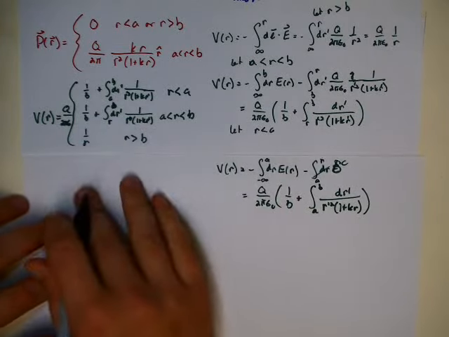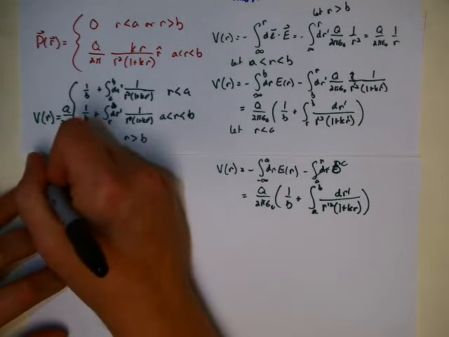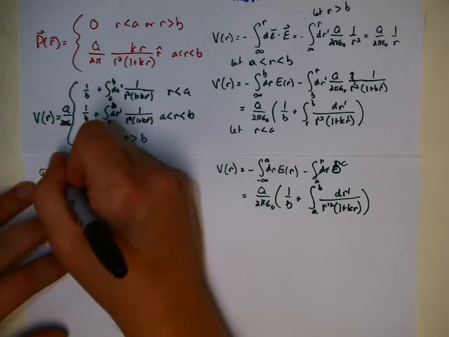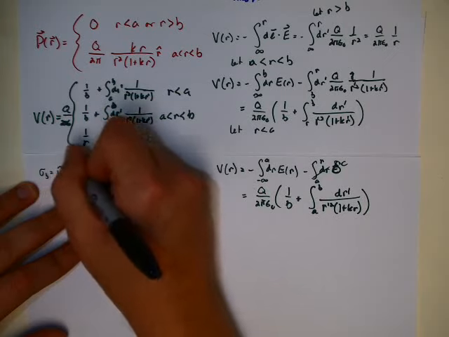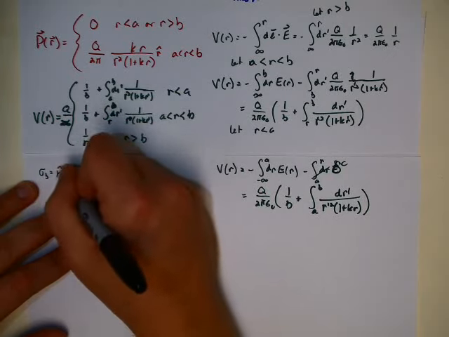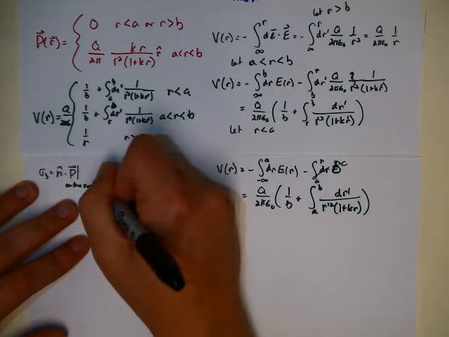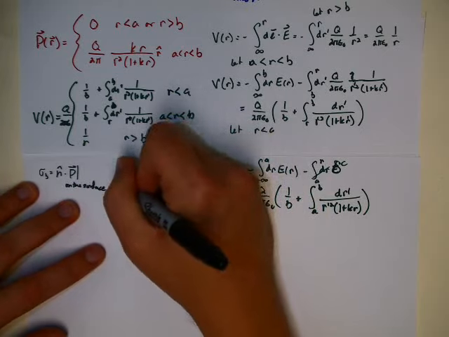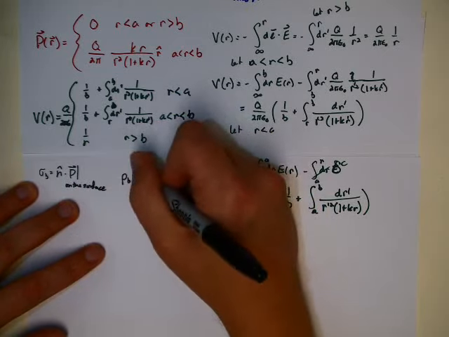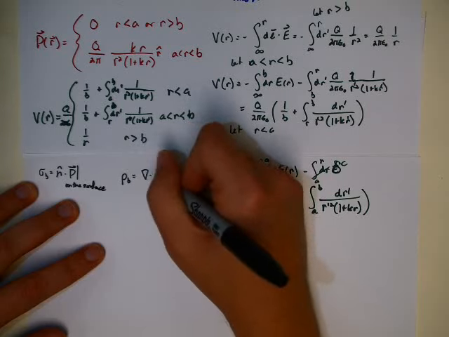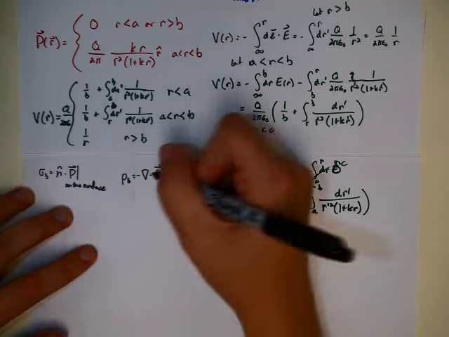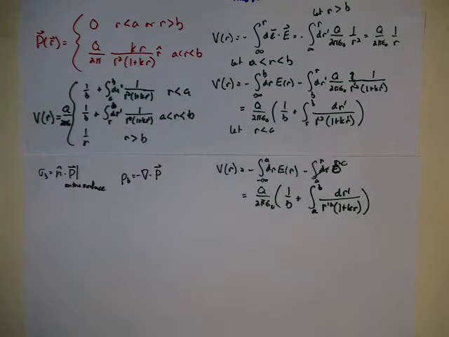The definition, right, we have surface charge density is n hat dot polarization field evaluated on the surface. So we have to remember to evaluate this on the surface. And then the volume charge density is minus the divergence of the polarization field.